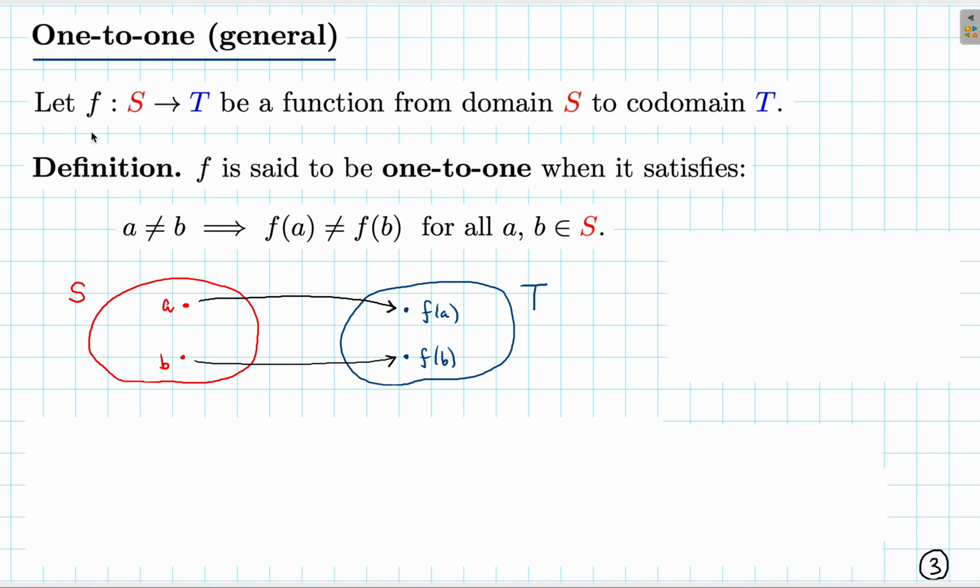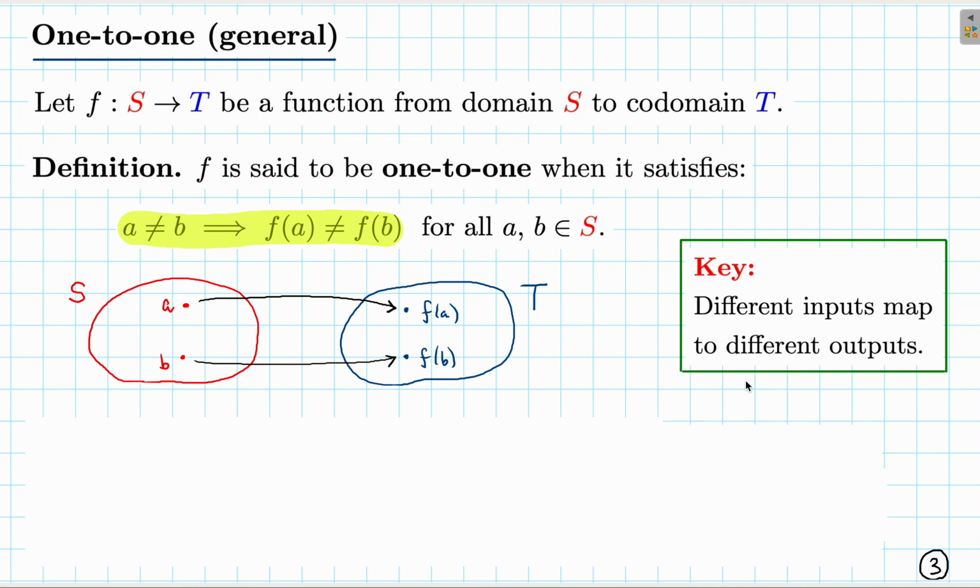We'll let f be a function from domain S to codomain T. We say that f is one-to-one if it satisfies the following property: if a doesn't equal b, then f of a doesn't equal f of b for any pair of inputs a and b in domain S. In other words, in a one-to-one function, different inputs map to different outputs. So different inputs in domain S map to different outputs in codomain T.